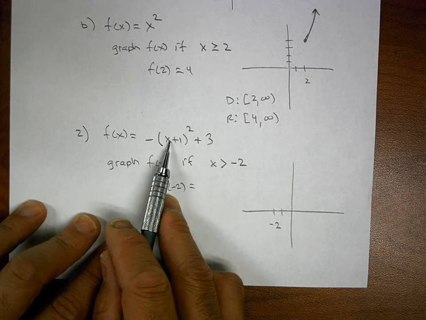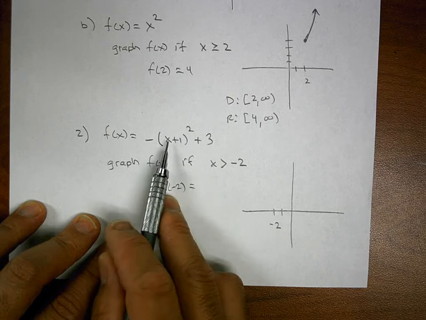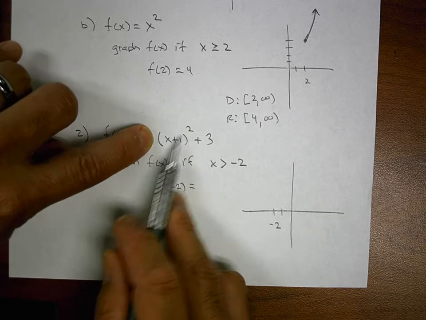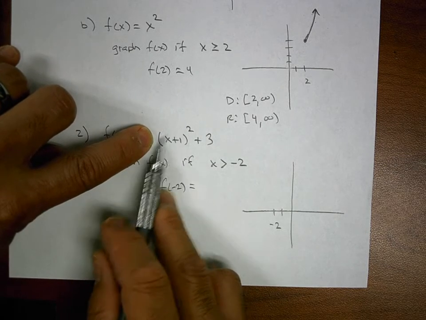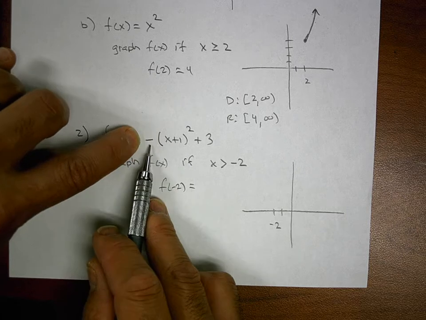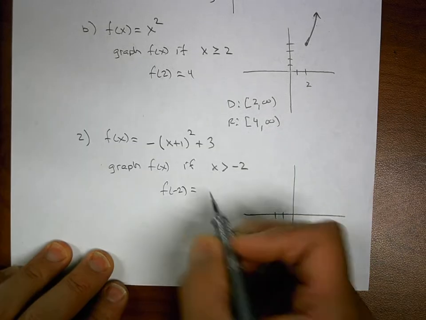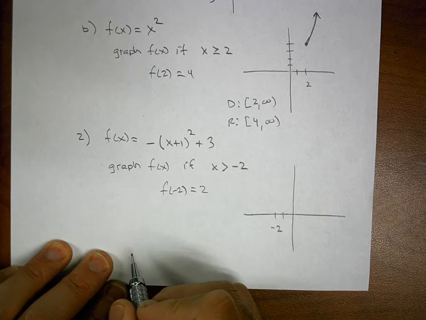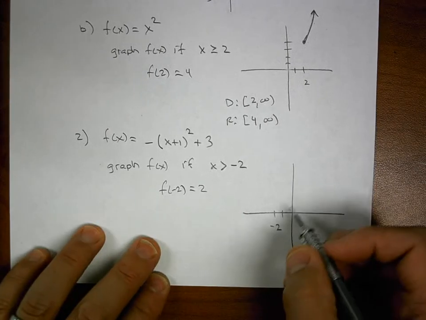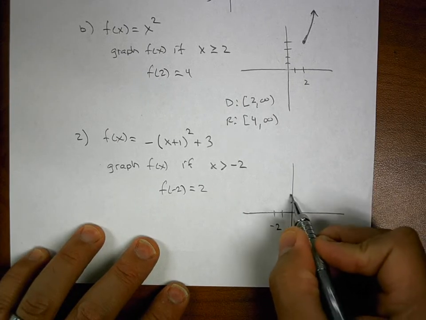Then what do we do? Exponent, so square -1. What's -1 squared? 1, and then times negative, so -1 plus 3 is 2. That's where we start. So -2, 2.